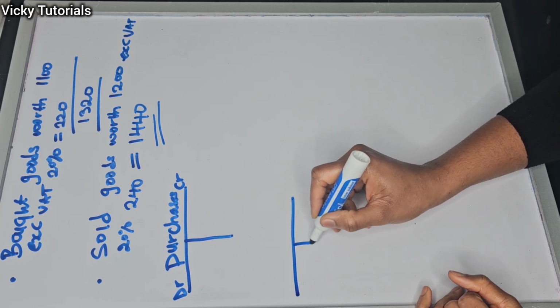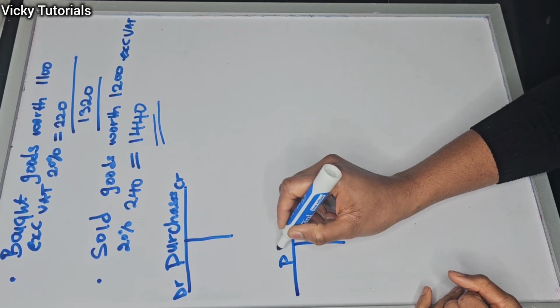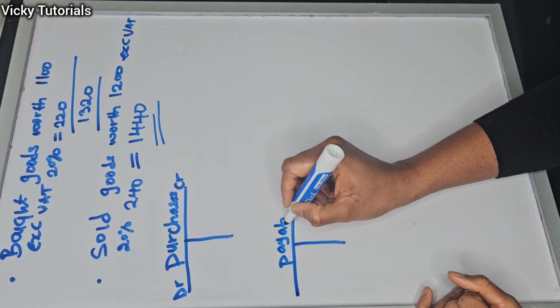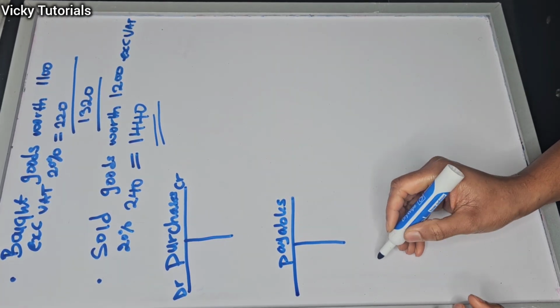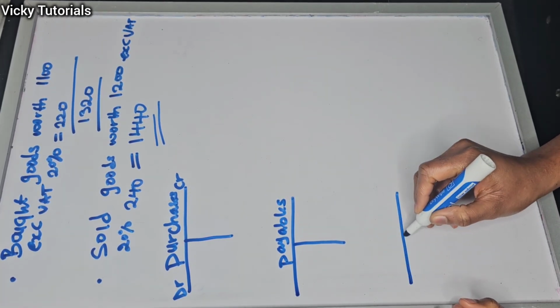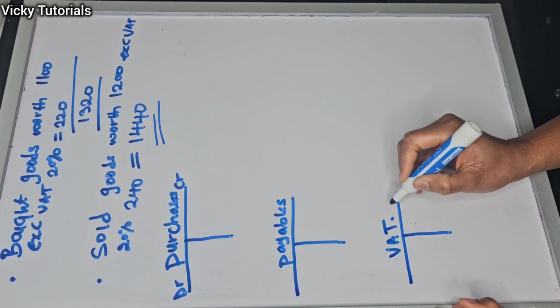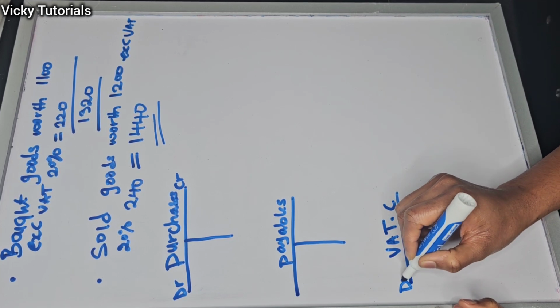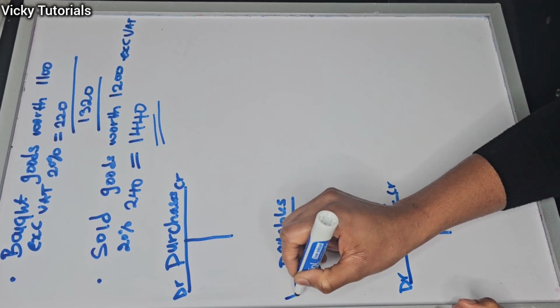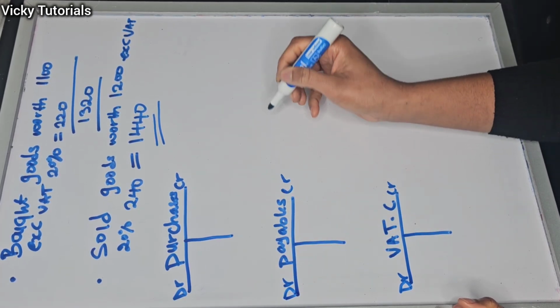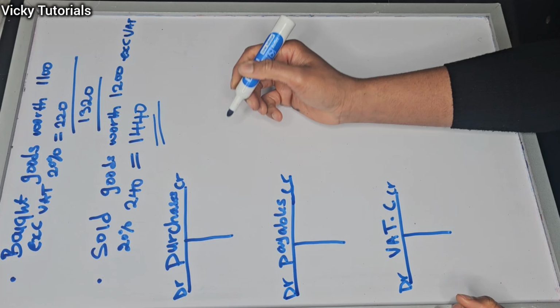Because we haven't paid for this yet, and it is also going to affect our VAT control account. Okay, so this is debit, this is credit, debit, credit, right? Okay, so now let's record this.